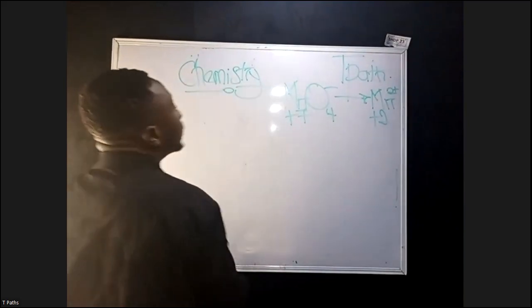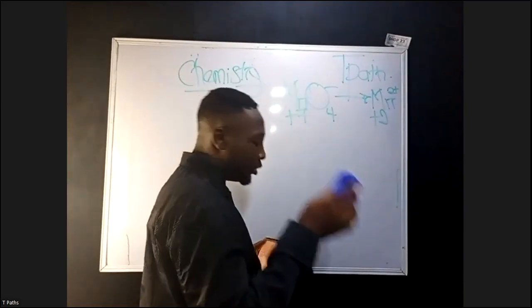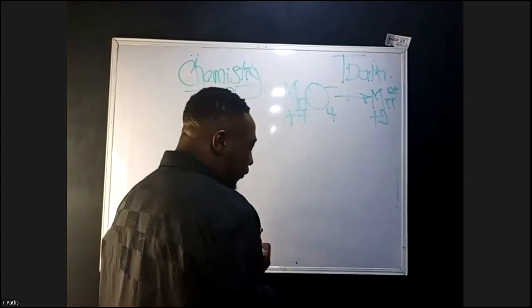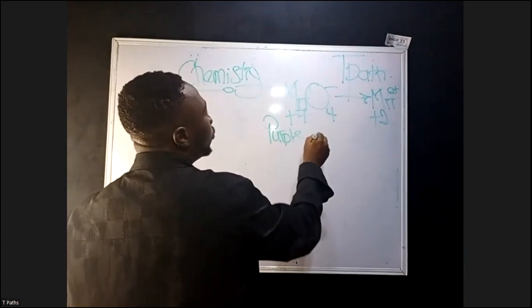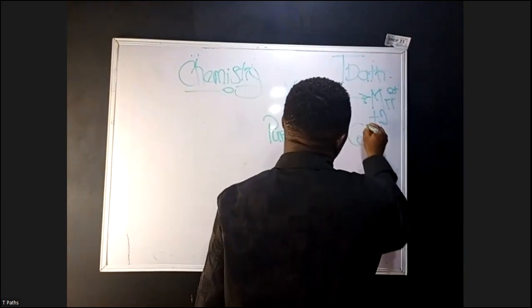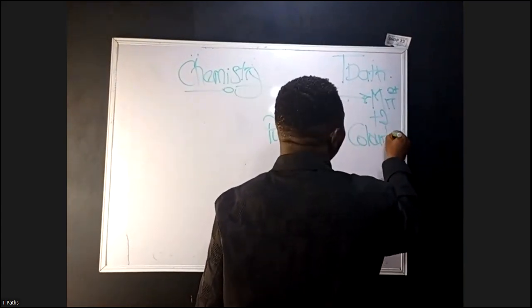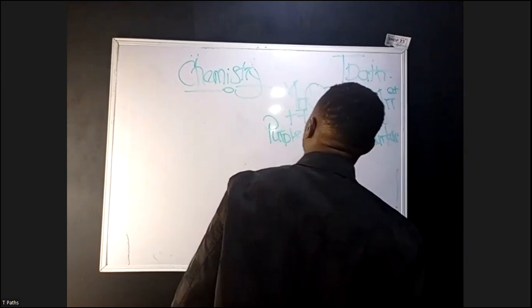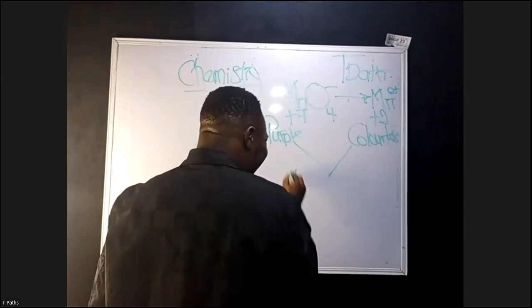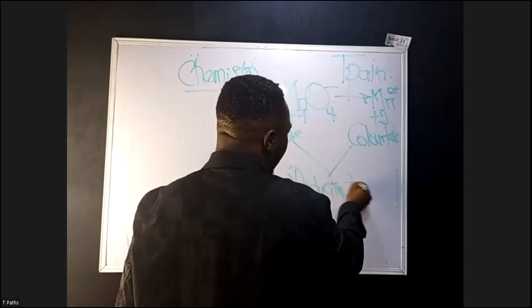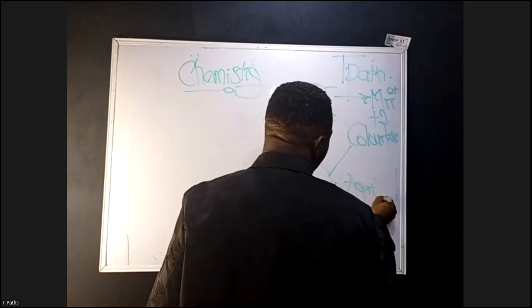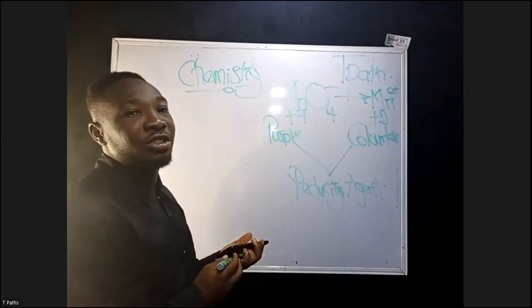When that happens, that is a reducing agent. So we have a purple color going to colorless. When this color change happens, it clearly tells us that it is a reducing agent. Hope you are all following. And with that, we conclude the last series.